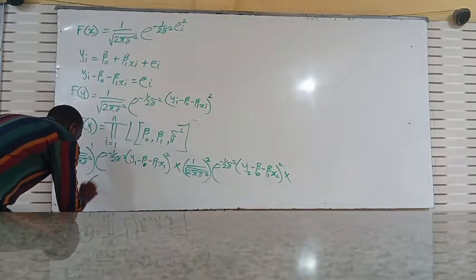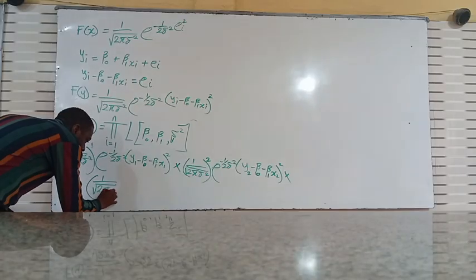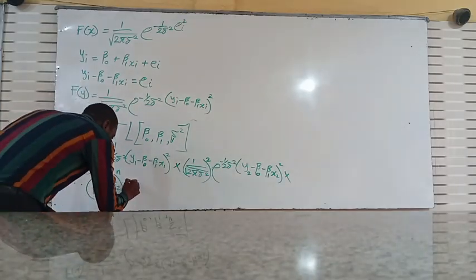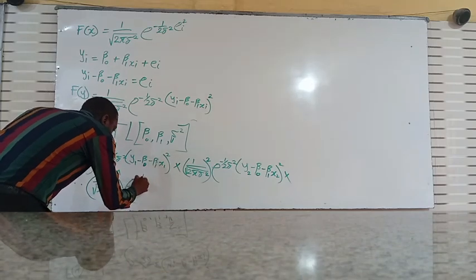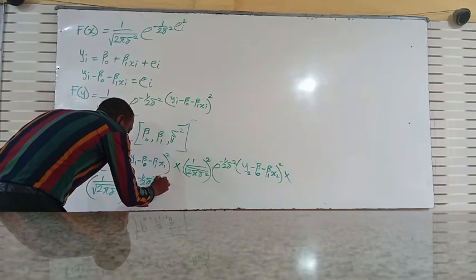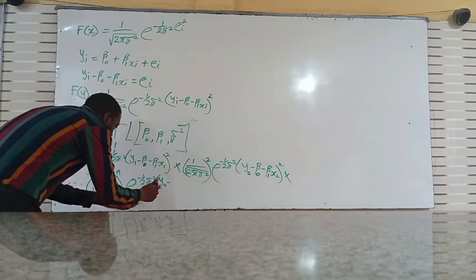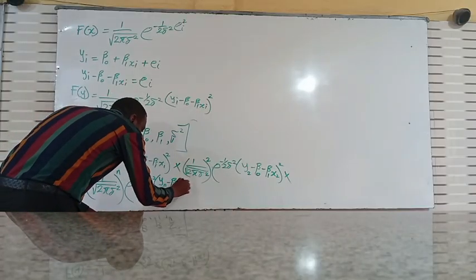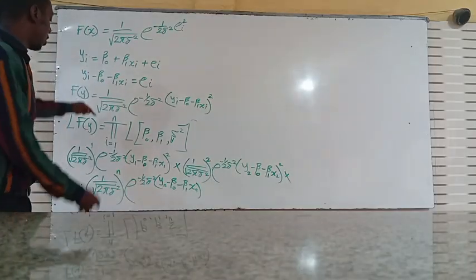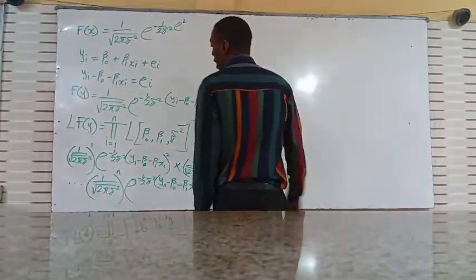The next one is going to be 1 over root 2 pi sigma square raised to the power of n, followed by exponential, this yn minus b naught minus b1 xn. Now, this is what this product is all about. You multiply.